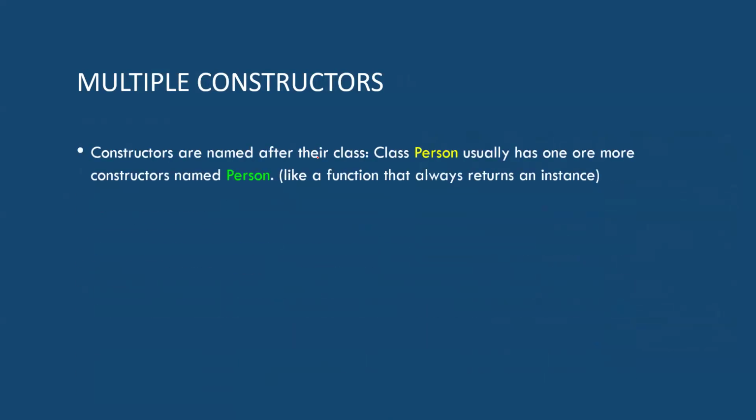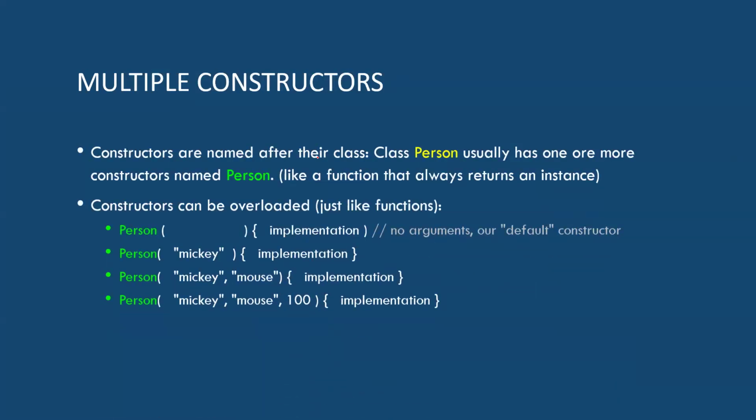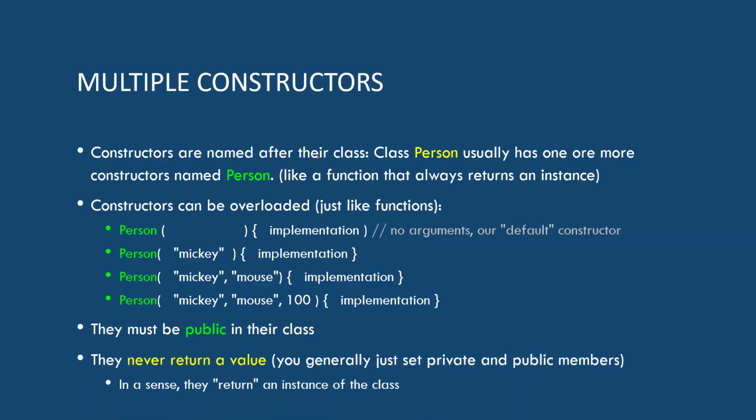Okay. So the only thing to watch out for when you create multiple overloaded anything, constructors, methods, functions, is you have to have a unique function signature. Now, these constructors don't return a value, or they all return the same thing, really, an instance. So we have to watch out that we don't have any that have the exact same number and type of arguments.